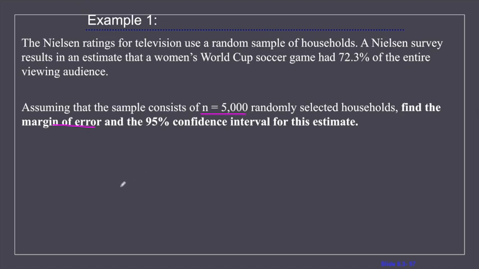So I'm going to calculate my error, and since I'm working with proportions, I know to work with the equation of 1.96 times the square root of p hat, which is not 72.3%, we need to write that as a decimal, so 0.723, times 1 minus p hat, which is 0.723, over our sample size, which is n, so 5,000.